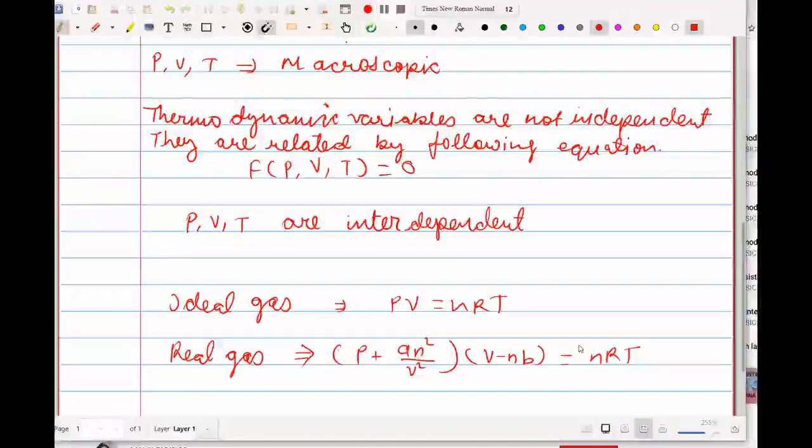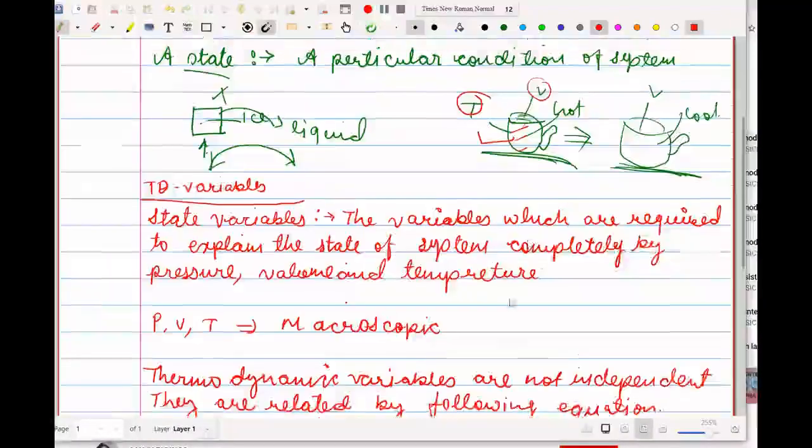Okay, this is in case of the real gas. So you understand what is meant by thermodynamic variables here. Thermodynamic variables simply means the variables which are required to explain the state of a system completely, pressure, volume and temperature. Okay.